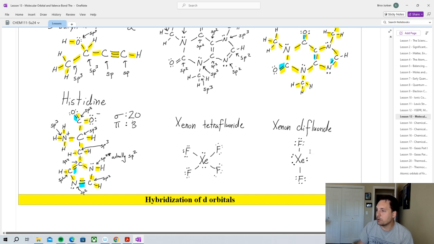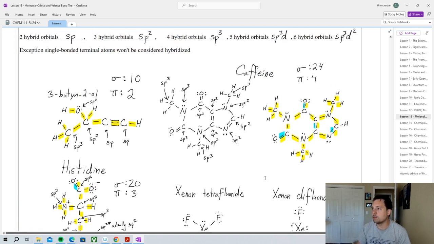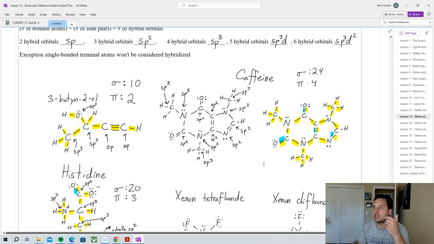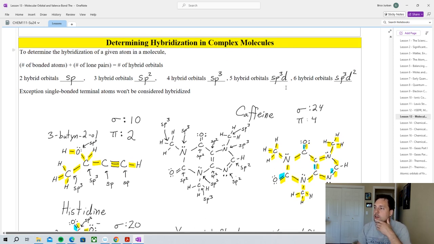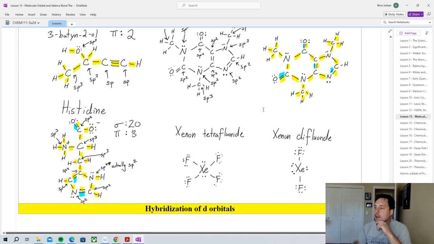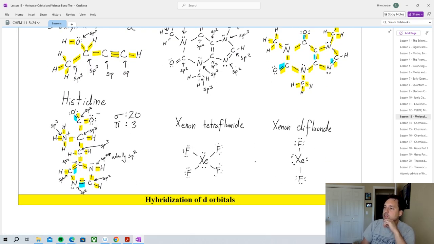And then these last two examples, I have xenon tetrafluoride and xenon difluoride, which are molecules where we can't just use sp, sp2, or sp3 hybrid orbitals. We need to now make use of d orbitals because they need to have 5 equivalent orbitals or 6 equivalent orbitals.